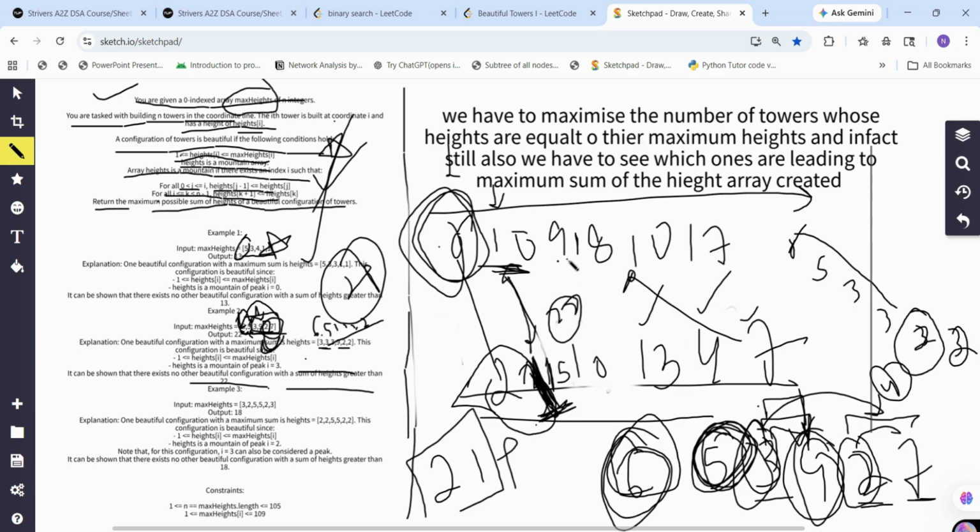And don't get happy just like I got. After that, I am having 3. So 9 plus 10 minus 3, that will also not be working. That would also be working.